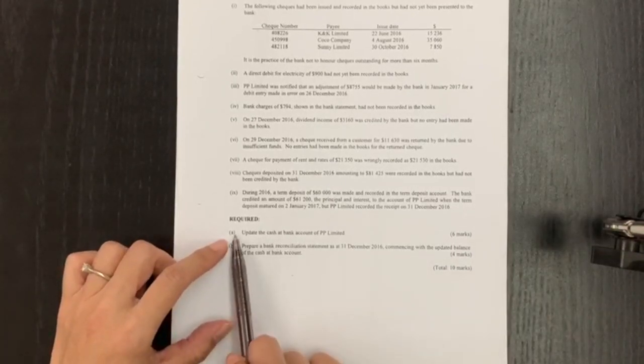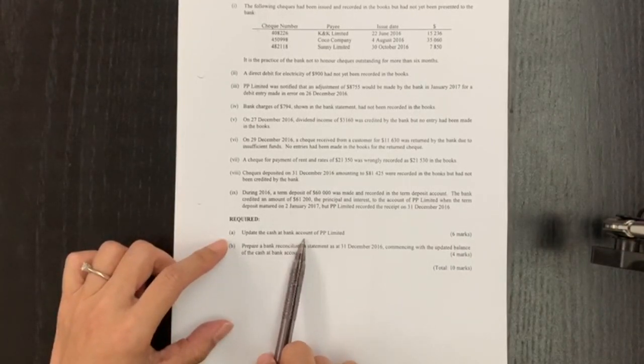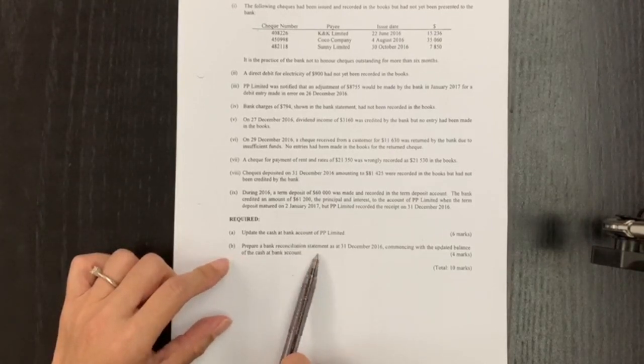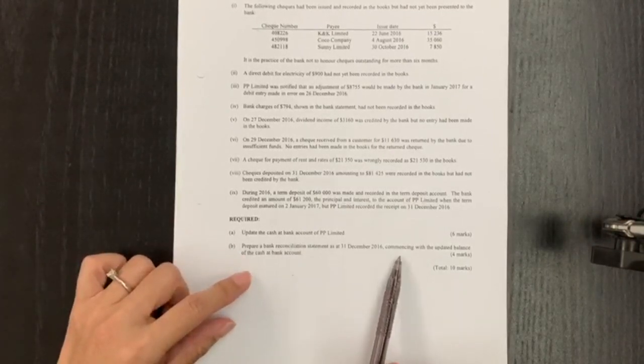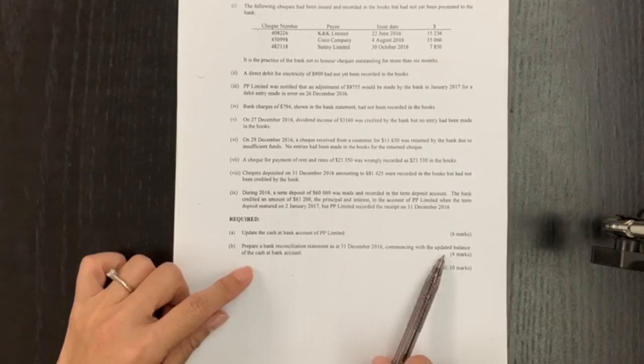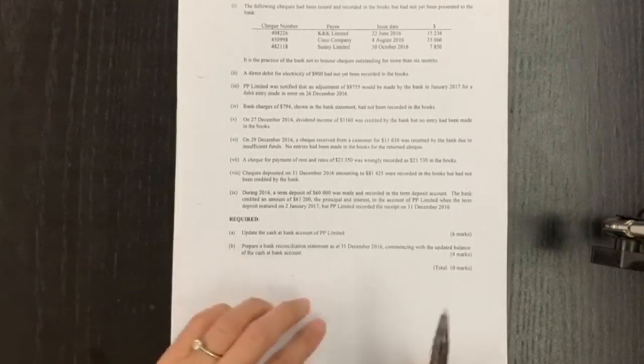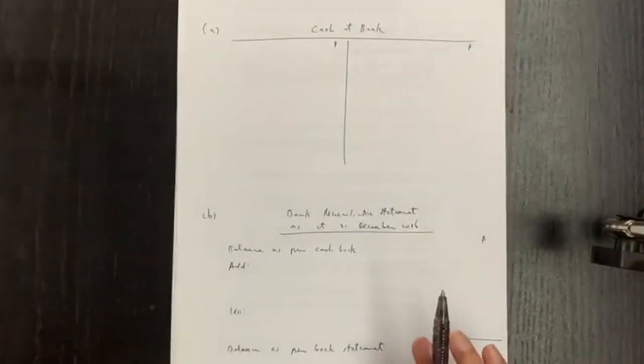So part A, we need to update the cash at bank account, and then after that we need to prepare a bank reconciliation statement. However, also here we have a special condition. We have a restriction saying commencing with the updated balance of the cash at bank accounts. So therefore I have this.